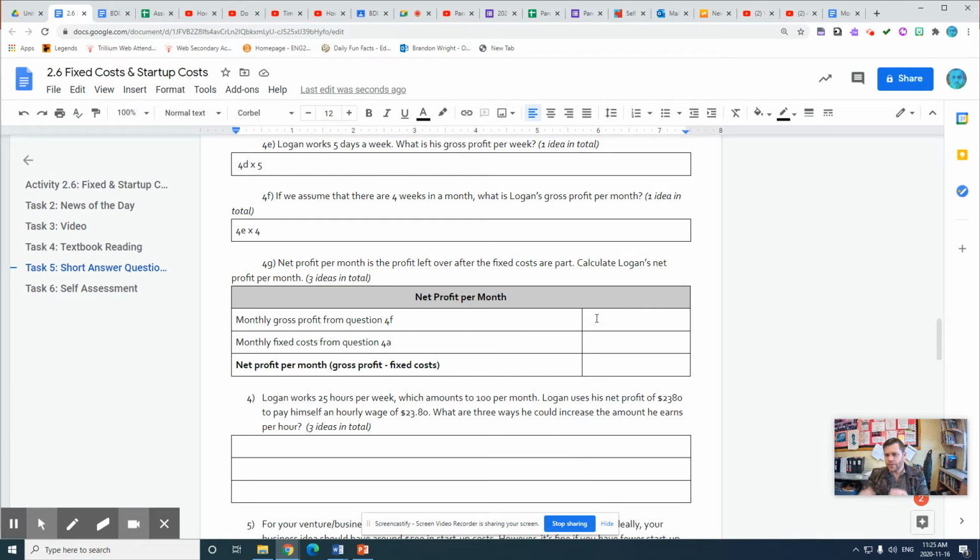So take monthly gross profit, subtract monthly fixed costs, and that will get you his monthly net profit. And net profit, that is the amount of profit he earns after all costs have been taken into consideration. They've been subtracted out, they've been calculated, and net profit, that is what you want. That is the money Logan will earn.